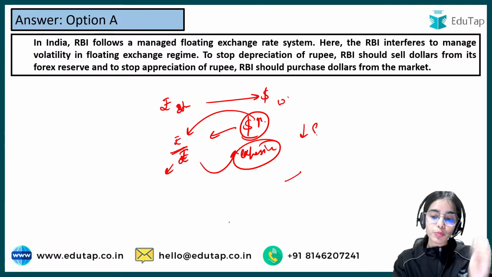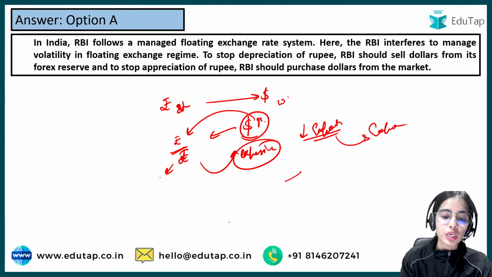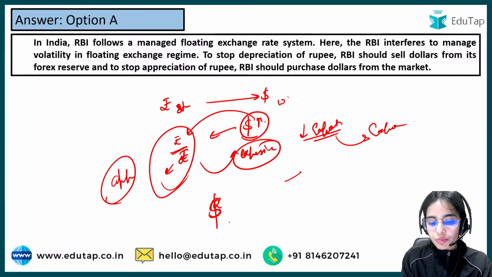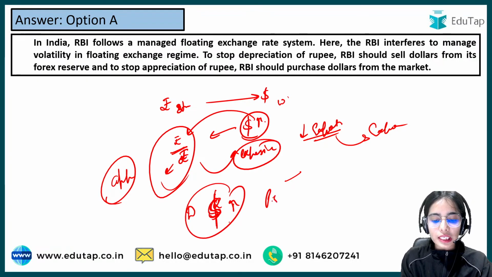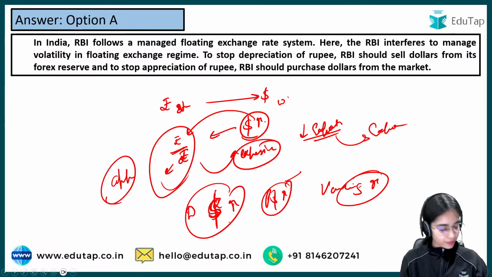So the exports will decrease from our country, and to benefit the exporters, the RBI will have to control this kind of appreciation that is happening. So RBI will buy more dollars because dollars are cheaper, so that the demand for dollars increases, the price of dollars increases, and the value of dollars will start increasing, and the appreciation of rupees will reduce.